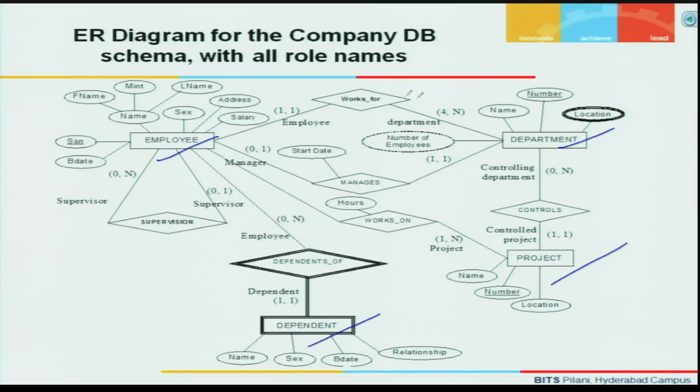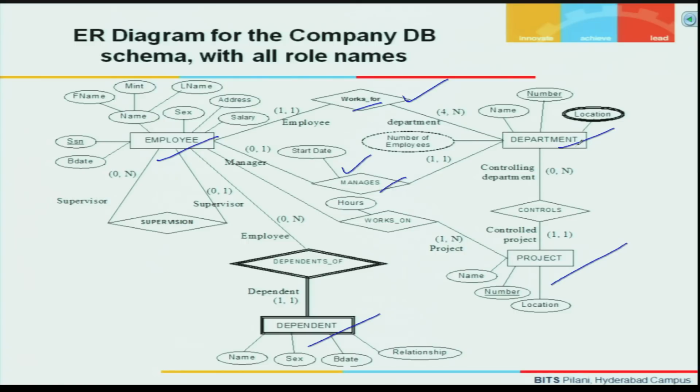Employees work for a department, that is one relationship between employee and department. One more relationship between the employee and department entity types is manages, because employees manage departments. One important thing to be noted is that two entity types can be involved in any number of relationships between them depending on the requirement. In this specific example, the number of relationships between the employee and department types is two. One is works for, the second is manages.